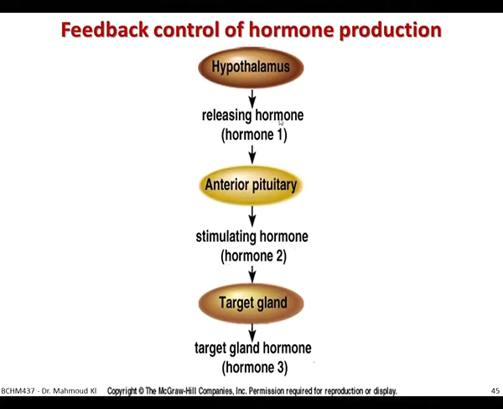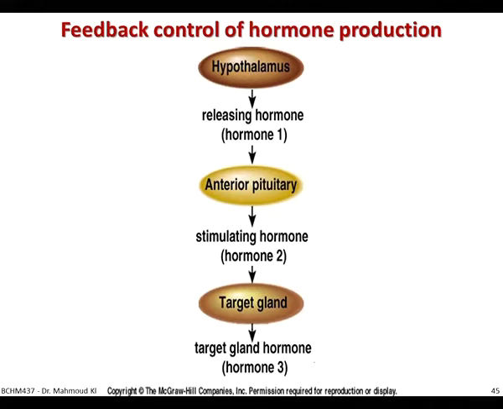So the releasing hormone stimulates the anterior pituitary to secrete the stimulating hormone. This stimulating hormone migrates through the blood, outside of the brain, to reach the target gland, which actually secretes hormone 3, which is the actual hormone for the target cell. So you can see this is a sketch showing the 3 levels of hormone secretion.